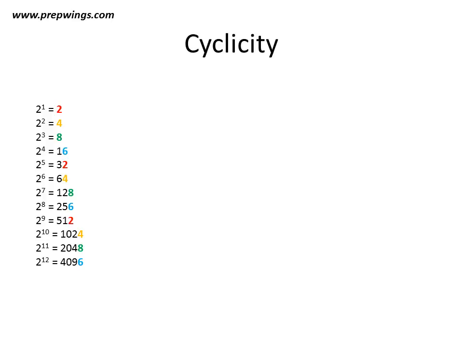Then 2 raised to power 5 again ends in 2, 2 raised to power 6 ends in 4, 2 raised to power 7 ends in 8, and 2 raised to power 8 ends in 6. So basically 2, 4, 8, 6 are getting repeated over and over again. 2 raised to power 9, 10, 11 and 12 will also end in 2, 4, 8 and 6 respectively.